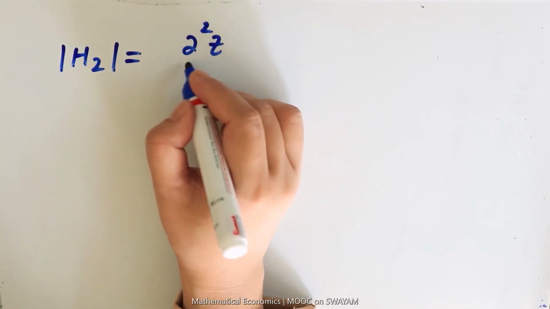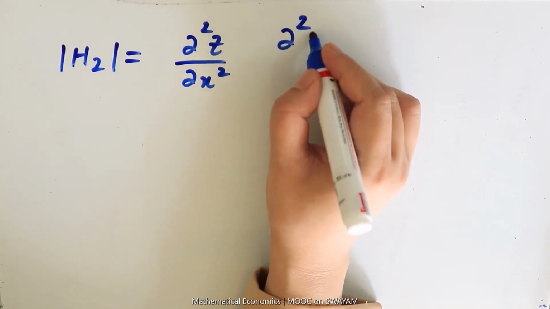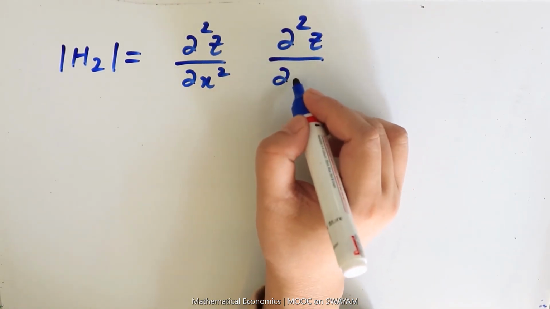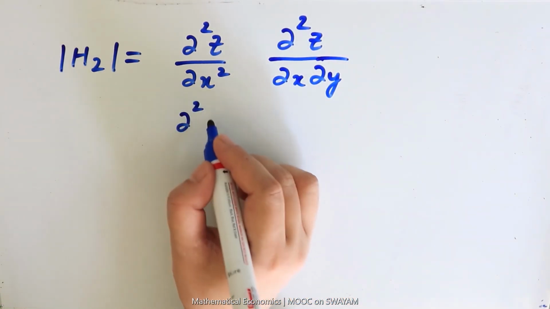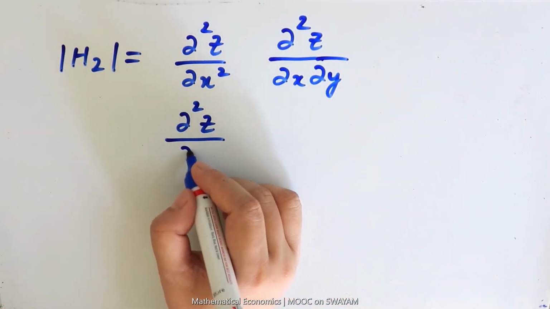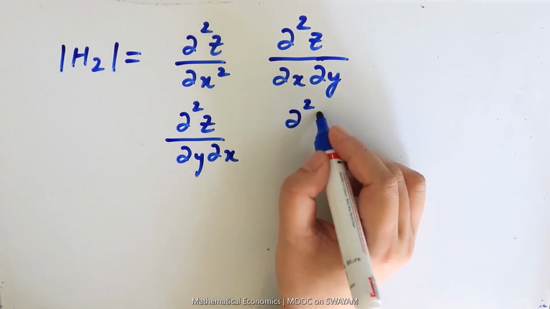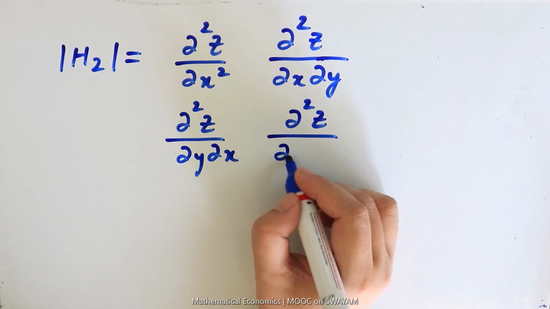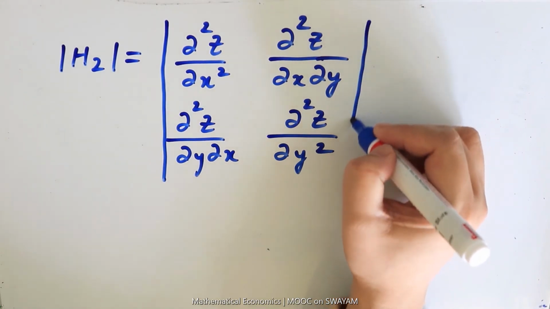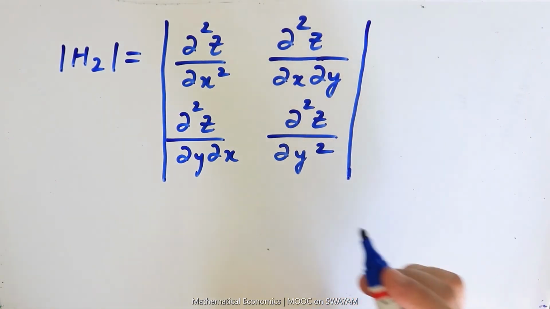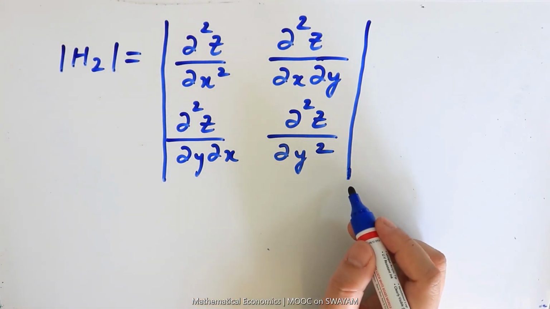and determinant h2 will be del square z by del x square, del square z by del x del y, del square z by del y del x, del square z by del y square. You can go back to the e-text and look at the Hessian determinant definition.